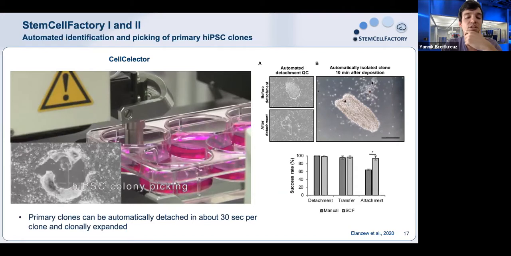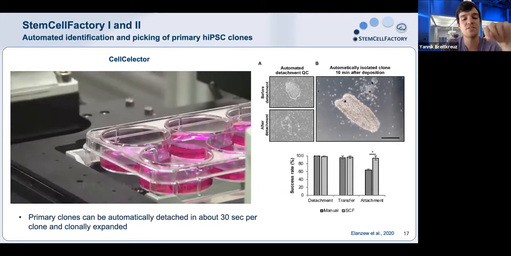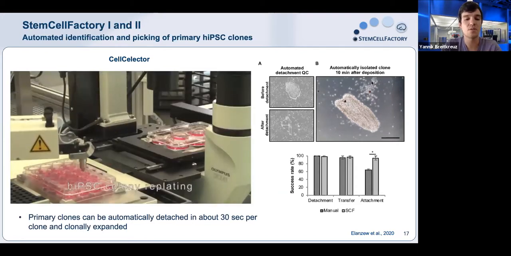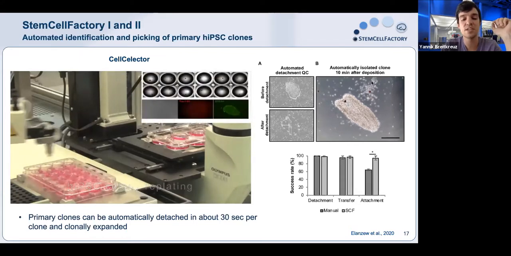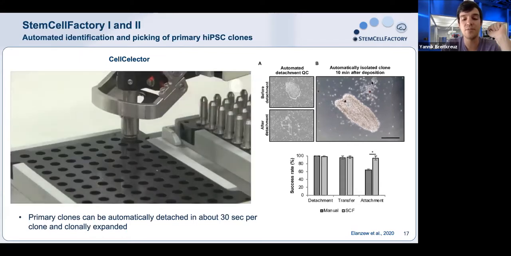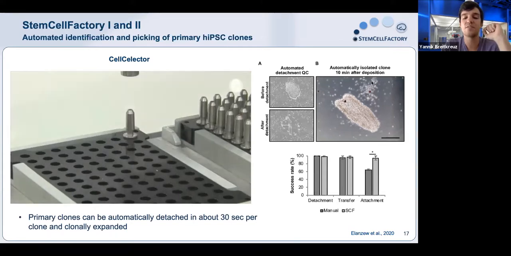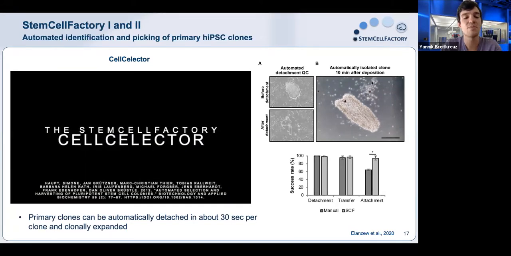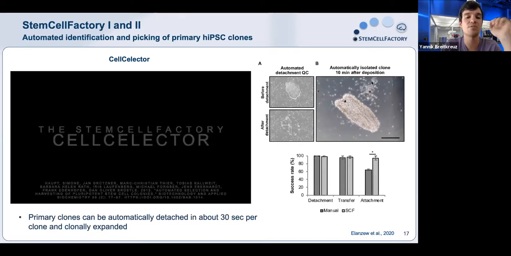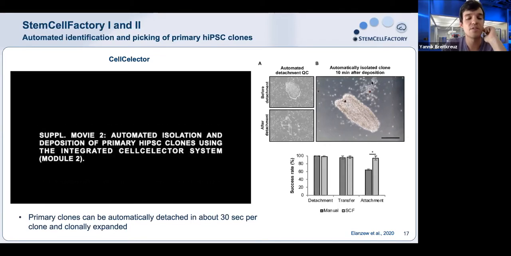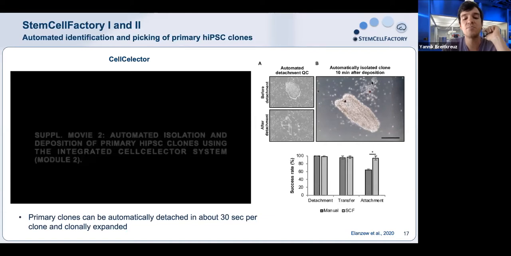For each colony, the robot arm takes a fresh tip, goes to the colony of interest, scratches the defined area, and then places the cells into a 24-well plate. These steps are performed within about 30 seconds. The success rate is comparable between manual and automated picking, with an advantage for automation in attachment.